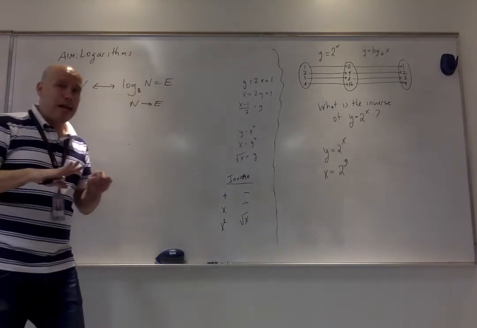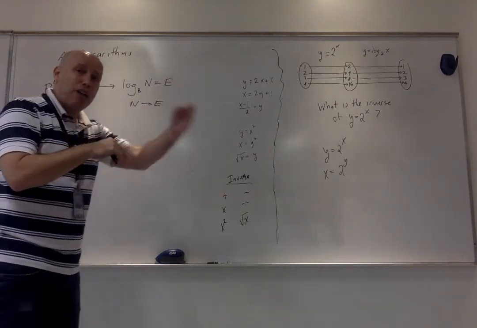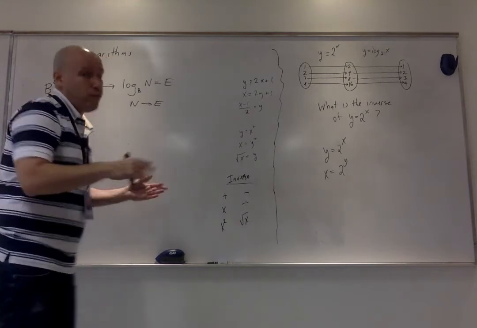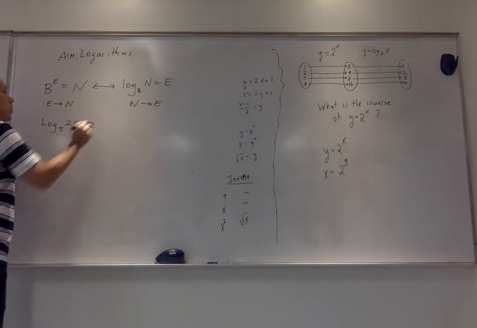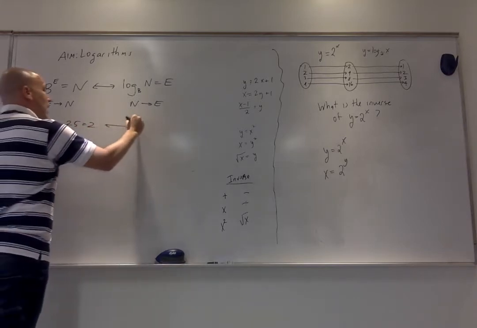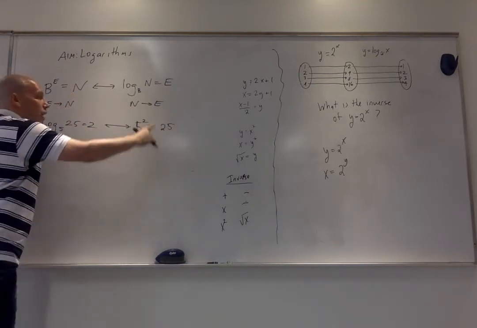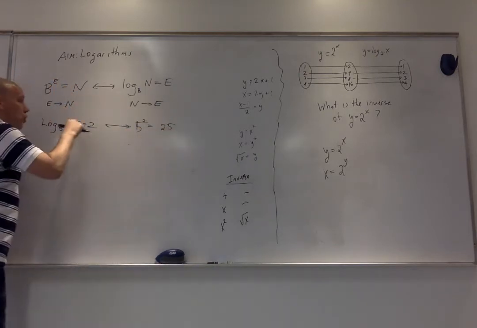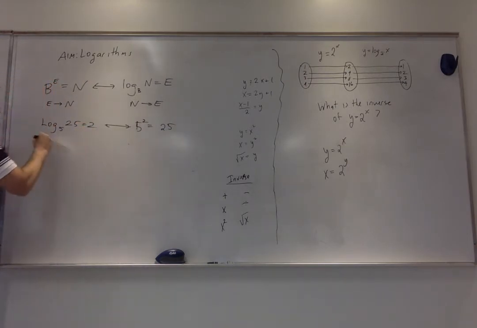Right? That's the idea. So the first thing is, how do we transform between exponents and logarithms? Very simple. When you see log base 5 of 25 equals 2, that's like saying 5 squared equals 25. If 2 goes to 25, 25 goes to 2. That's the basic idea. Let's try another one.